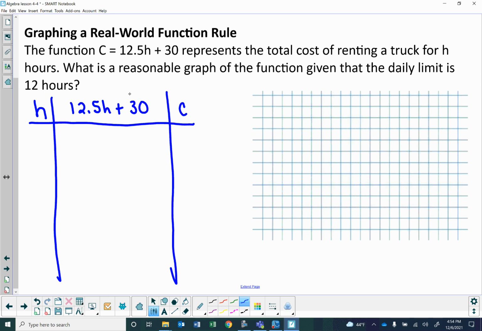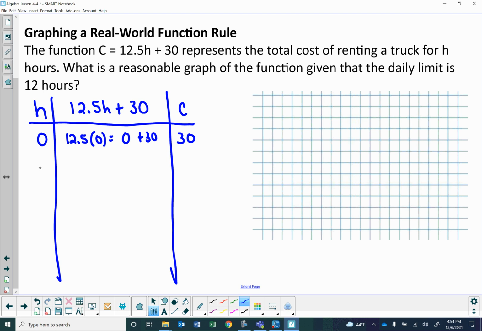If I don't use the truck at all, I haven't used it any hours at all, I'm going to have 12.5 times 0. 12.5 times 0 is not 12.5. Wow, that was bad. 12.5 times 0 is 0. 0 plus 30 is going to give me 30.